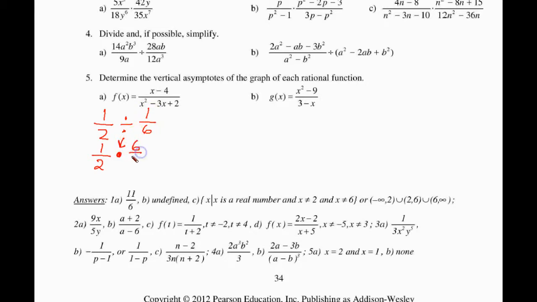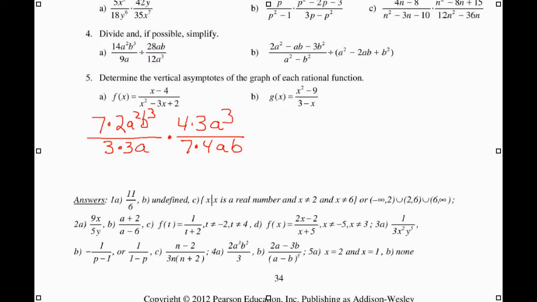We just flip the other thing, so we can cancel, and this becomes 3. 2 goes into there once, 2 goes into there 3 times. Okay? So in doing this division here, the only thing new would be to change this to multiplication and flip this. So rather than do it live, I'm going to do it and then look at it.